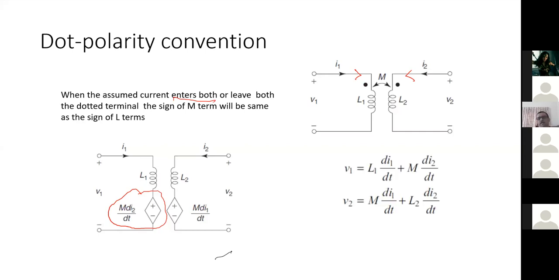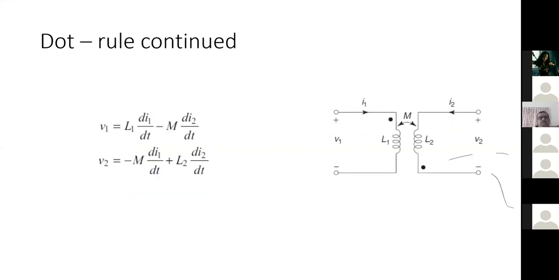So the equations are here. V1 is equal to L1 dI1 by dt plus M dI2 by dt, and V2 is equal to L2 dI2 by dt plus M dI1 by dt. Look at here, the current is entering this dotted terminal and current is leaving this dotted terminal.